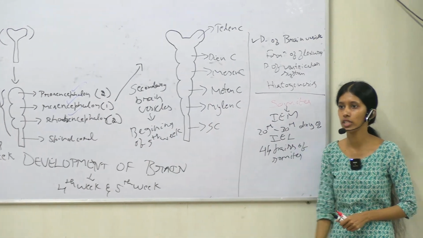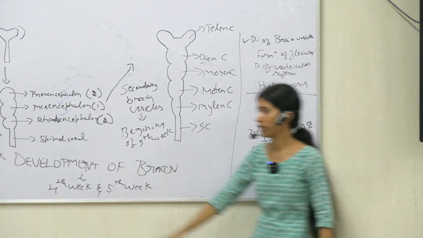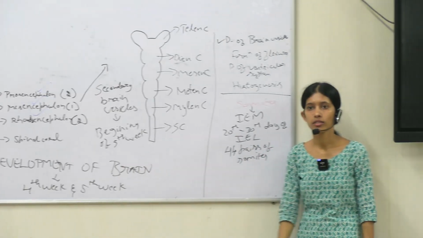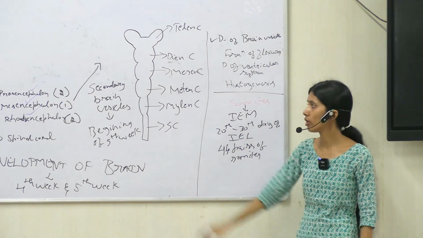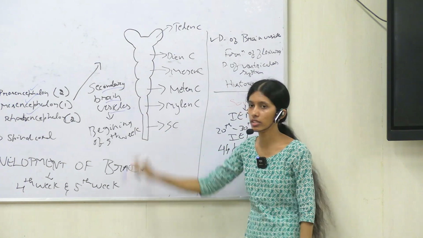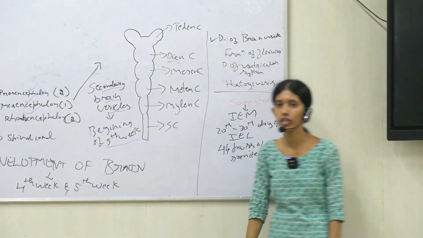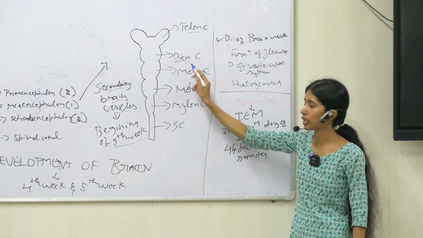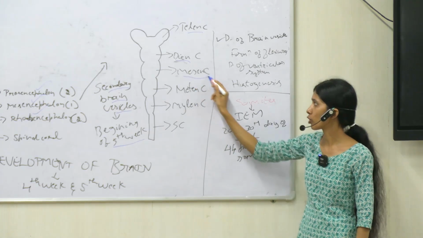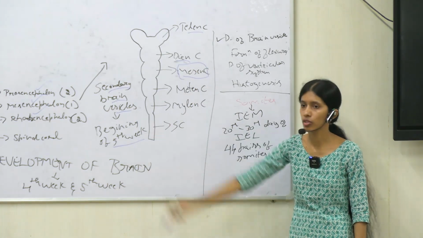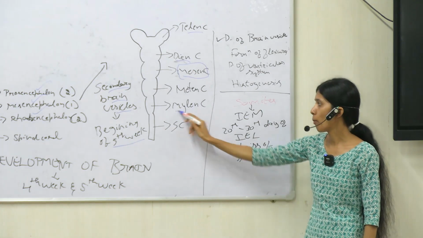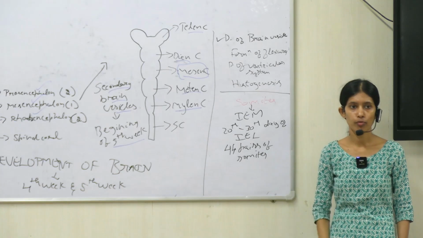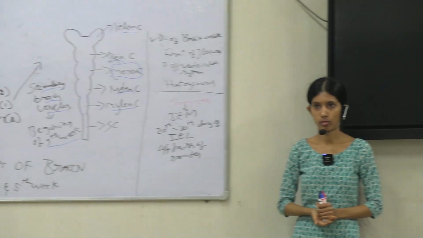These can be seen by the end of the fourth week. Later these primary brain vesicles will develop into secondary brain vesicles, seen at the beginning of the fifth week. Your prosencephalon will give rise to telencephalon and diencephalon. Your mesencephalon will remain the same. The rhombencephalon will give rise to metencephalon and then myelencephalon. Any doubts in this?